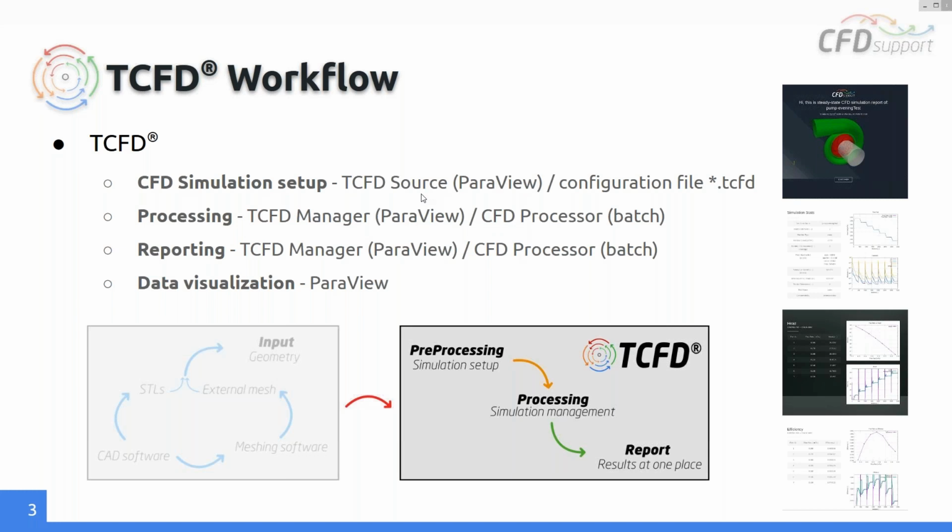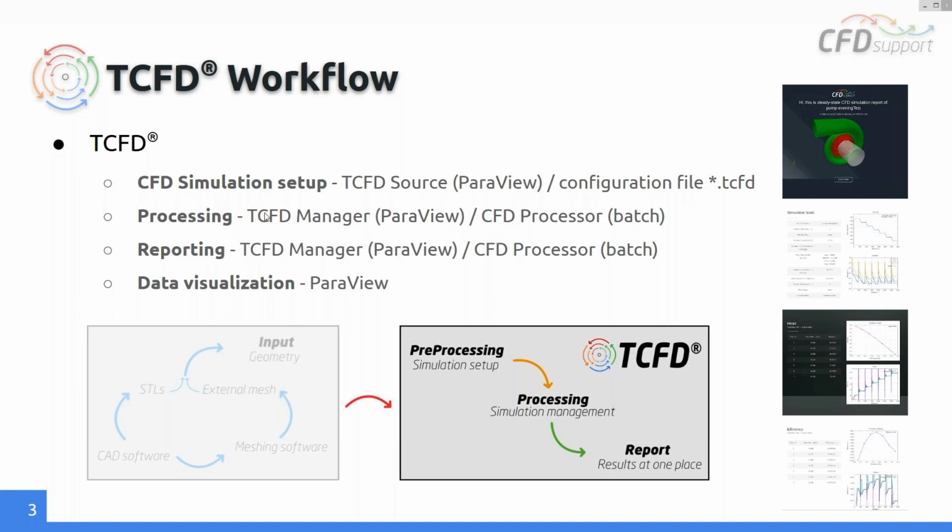It's a special filter which can be enabled in ParaView, and then you have all the menus for setting the TCFD simulation. Or you can go directly to manually define the configuration file for TCFD, which is not so user friendly.